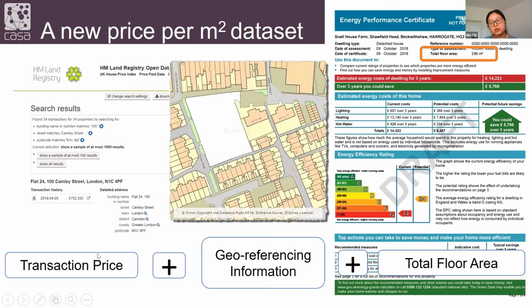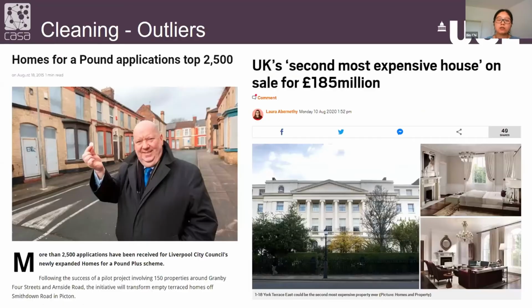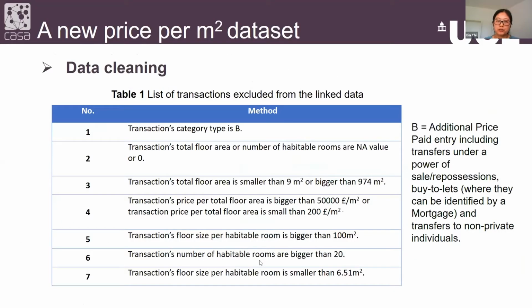Before we use this data to conduct the analysis, we had a data cleaning process. We tried our best to clean out some outliers, and these are the 7 criteria I applied during data cleaning. I don't want to go into the details of what they are, just to give you an idea that there is a data cleaning process before we conduct the analysis.